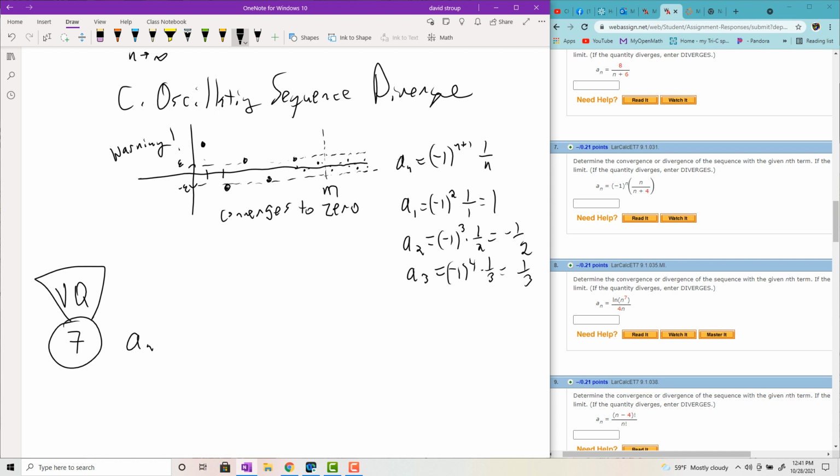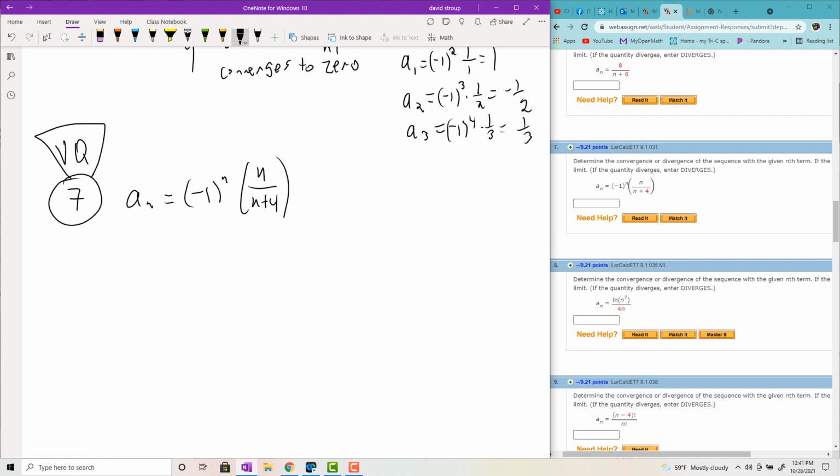So a sub n equals (-1) to the n times n all over n plus 4. Look at the even terms and the odd terms is the way I would approach it. If the even terms go somewhere and the odd terms go somewhere else, then the limit automatically doesn't exist.